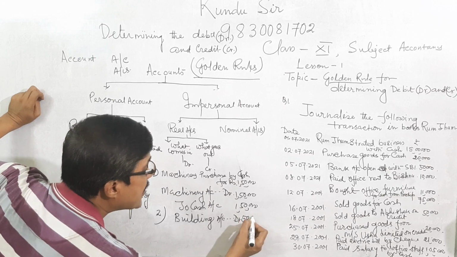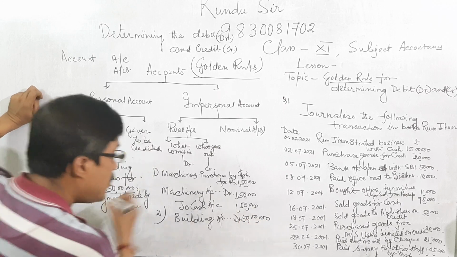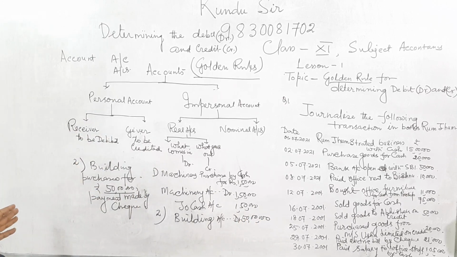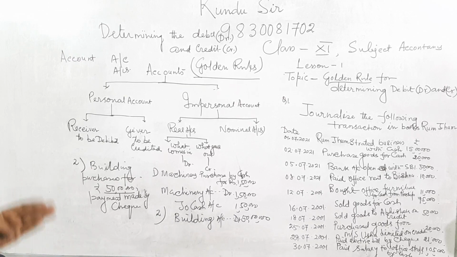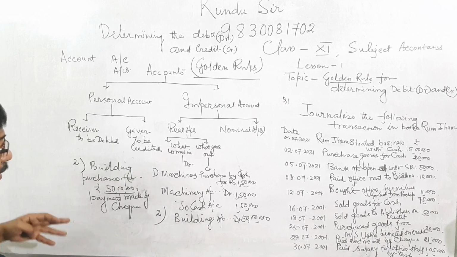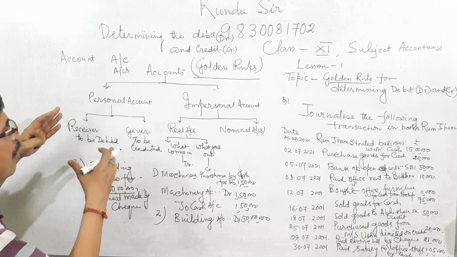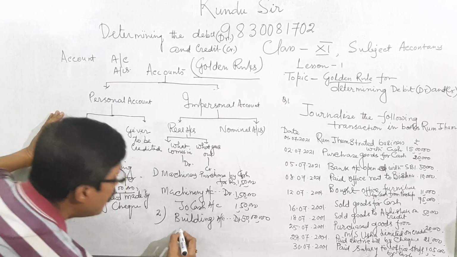You are incurring expenditure to purchase the office building, and we are making payment from our office bank account, to bank.